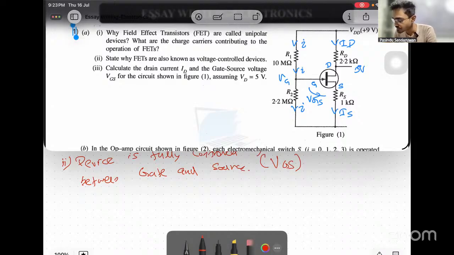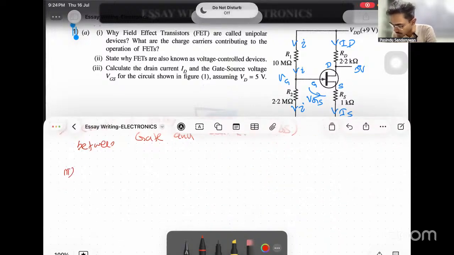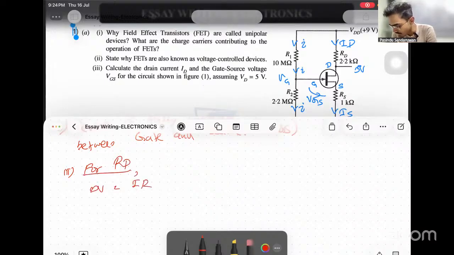Delta V is high potential to low potential: 9 minus 5 equals ID times RD, and RD is 2.2 kilo ohms.